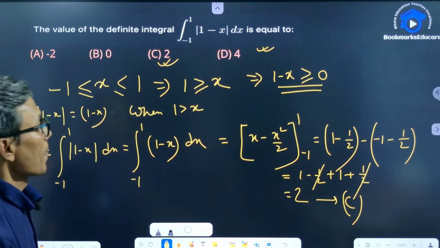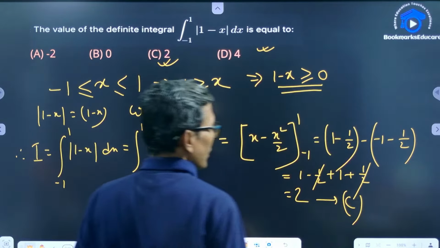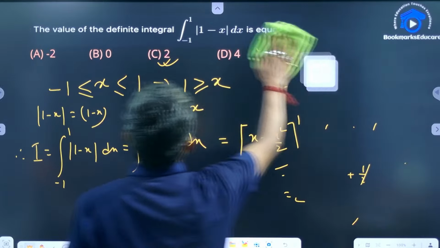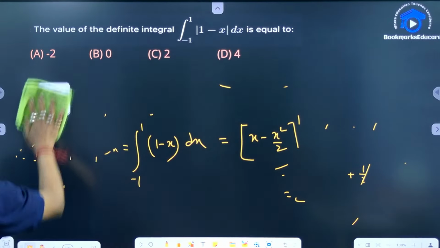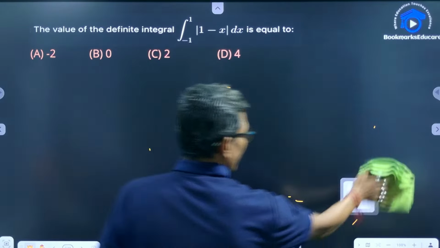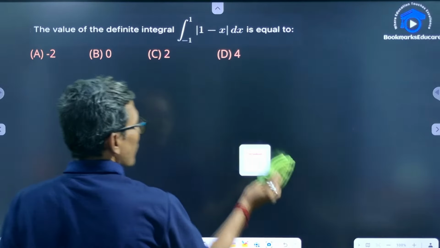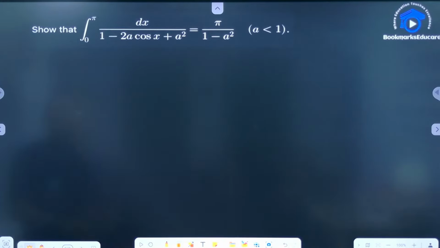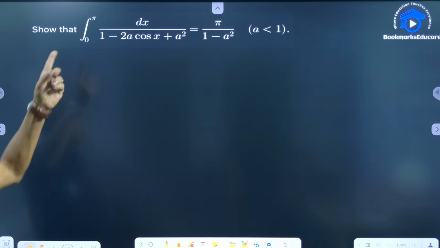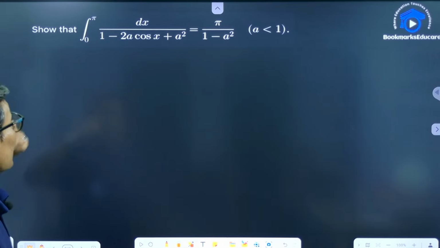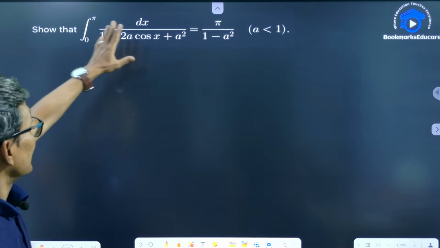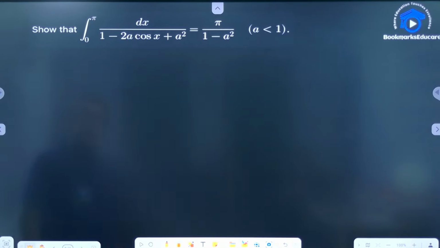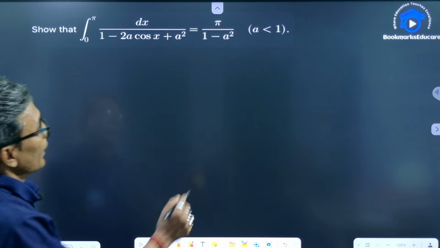Okay, so the next sum is integral 0 to pi of dx by 1 minus 2a cos x plus a square.